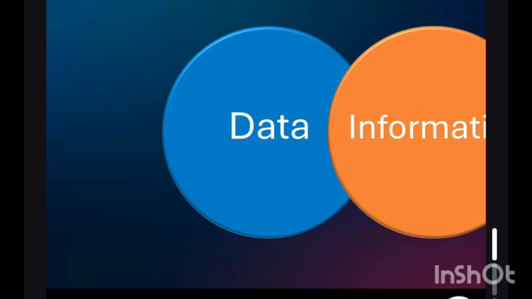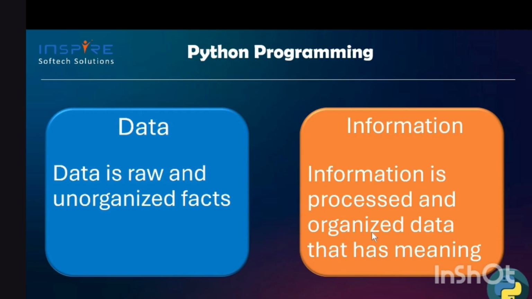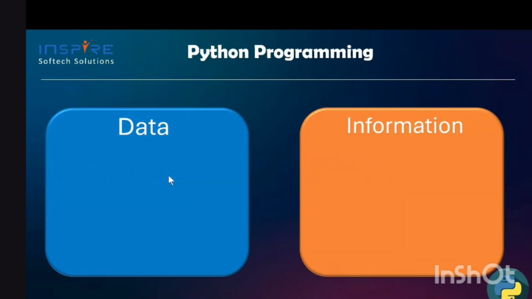Inside data we have information, but in information we cannot say data. So data and information are not the same. We can define data as raw and unorganized fact, but information is processed and organized data that has some meaning. Okay, so now it will be clear. Correct?